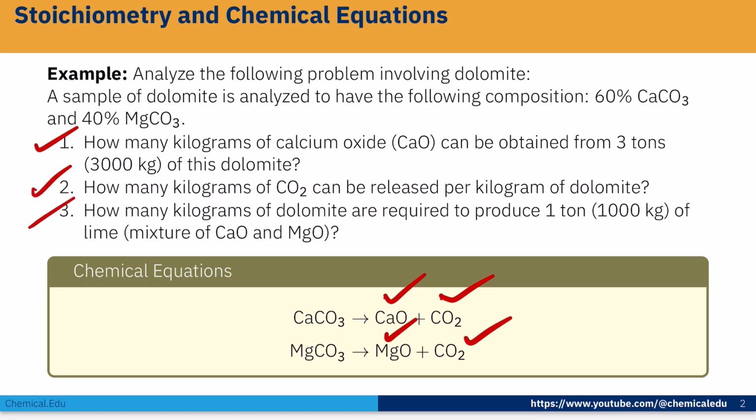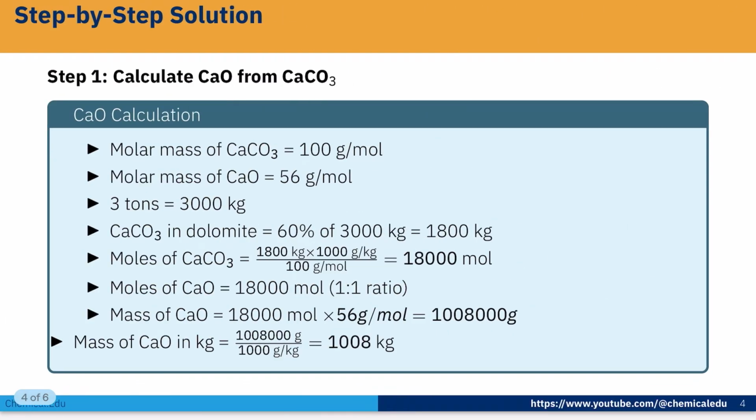Now question number 1, we have to calculate calcium oxide from calcium carbonate. Now the molar mass of calcium carbonate is 100 gram per mole. So calcium's atomic weight is actually 40, carbon is 12, and oxygen 16.